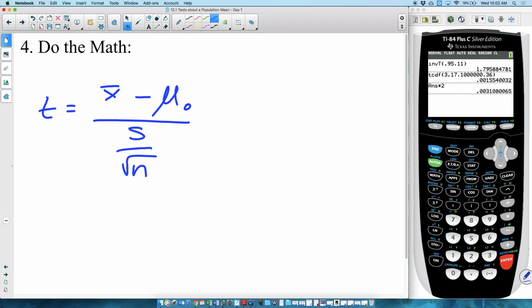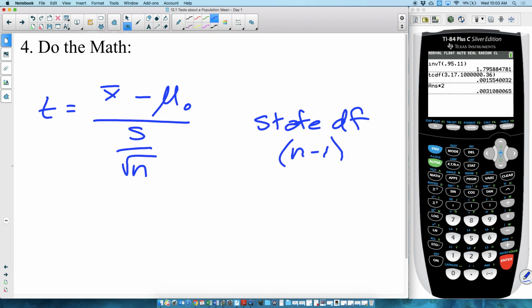Then I still have to do what else? State the degrees of freedom, which is just n minus 1. And same way, I can do my calculator, run the test, and it just hands me the p-value, which is how I do it. Or you can do TCDF.